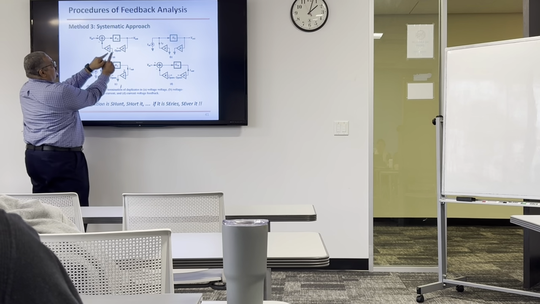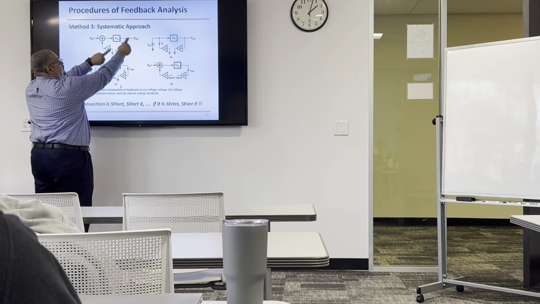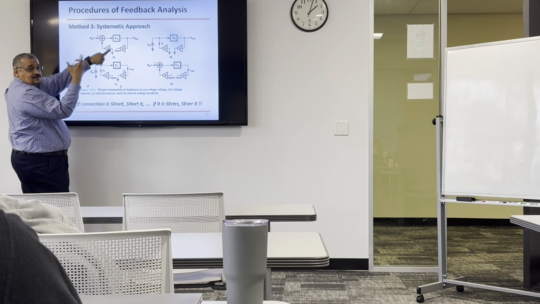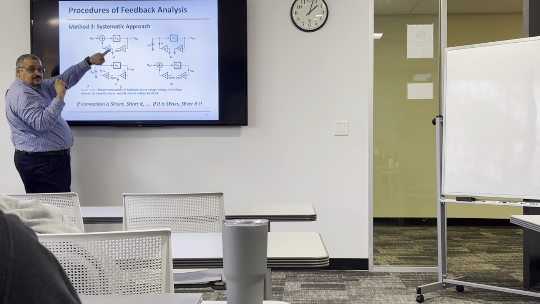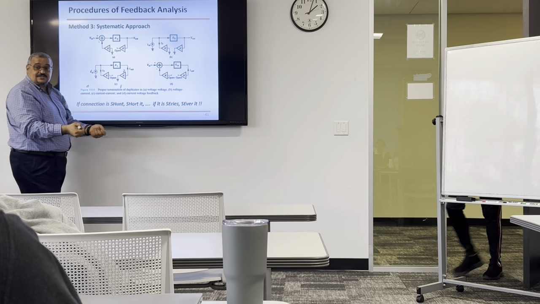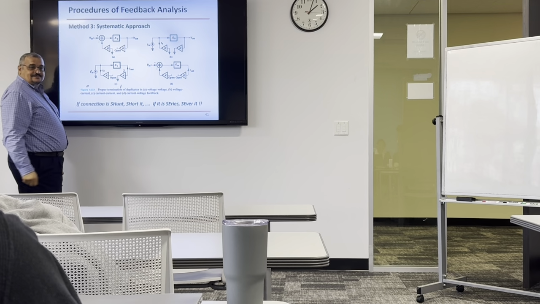So this is the sampling terminal and this is the mixing terminal. How was voltage sampled on this side? Was it sampled in series or in parallel? How do you measure a voltage? In parallel, shunt. So this was shunt, shorted.